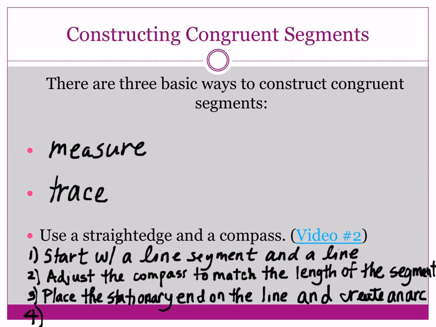We'll see how well 4 actually writes on top of this purple. If it doesn't, I'll move some things around to see it. But the last thing basically is that the point of intersection and the stationary point, this is going to have to be moved.